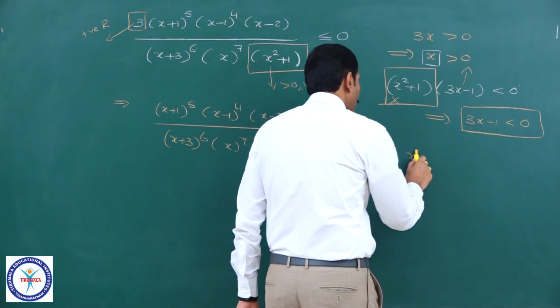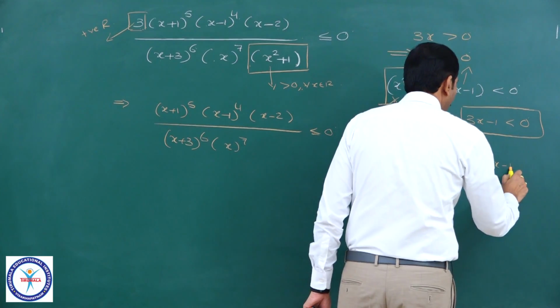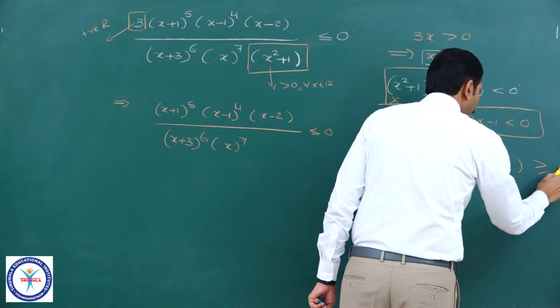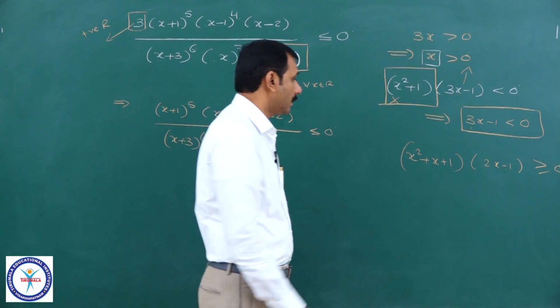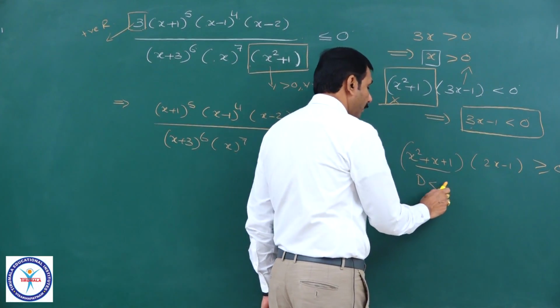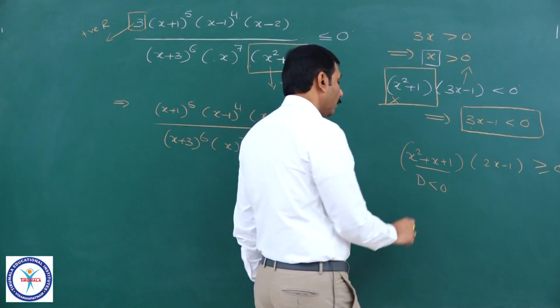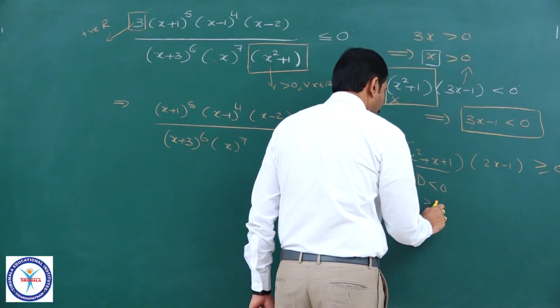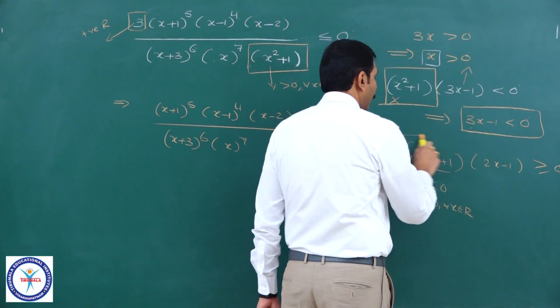Suppose if I take (x² + x + 1)(2x − 1) is greater than or equal to 0 I want. Yes, earlier already we have discussed it is a quadratic, and where discriminant b² − 4ac less than 0, and since coefficient of x² positive, therefore I can say it is greater than 0 for all x belonging to R, just ignore it.